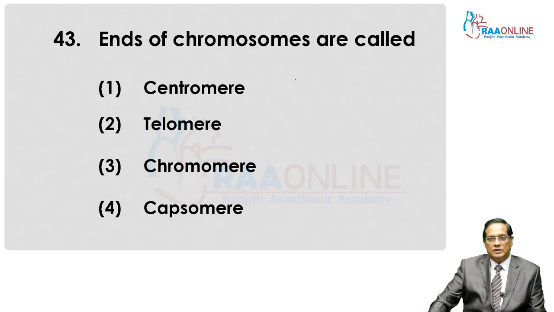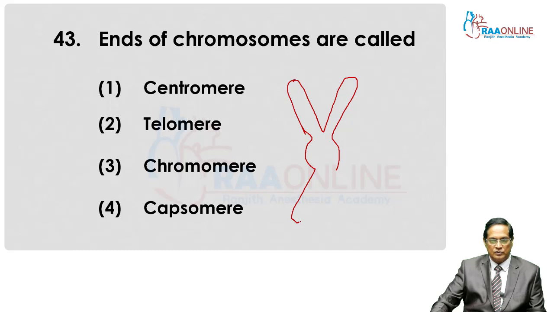Chromosome. The chromosome which we see in prophase stage has two chromatids. And these two chromatids are held together by a structure known as primary constriction or centromere. These are the two chromatids.